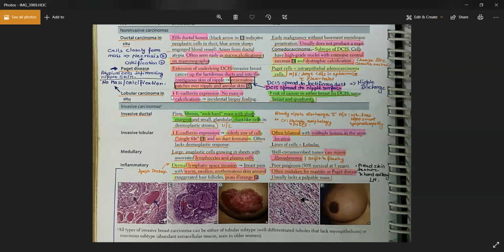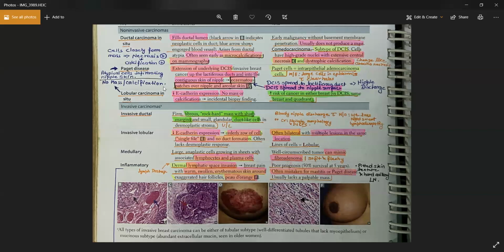They can move freely, find oxygen and nutrition anywhere, so no hypoxic environment will be generated, because for a hypoxic environment you need a mass of cancer. So no calcification, no necrosis, no mass. That kind of picture will be seen in lobular carcinoma in situ.